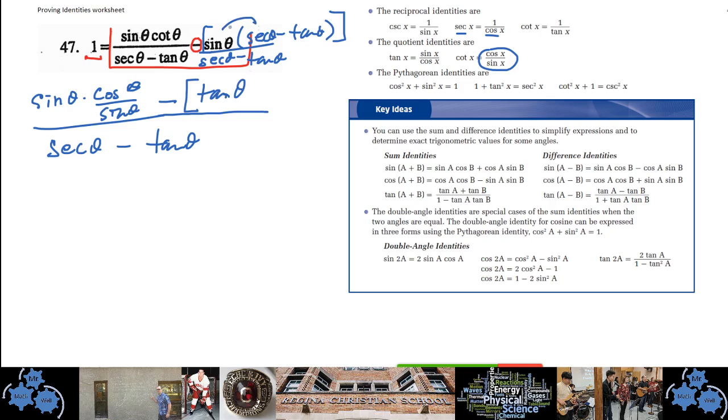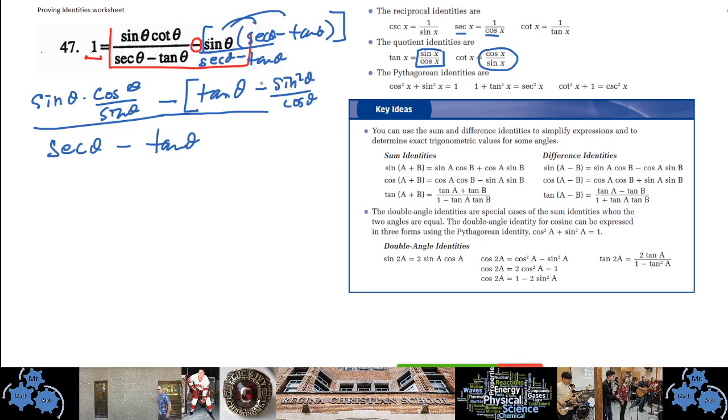You do this one. And then sine times tan, well, tan we say is sine over cos. Okay. So that's going to be a minus. Well, I've got this bracket here, so leave that minus there. Sine times tan really is sine squared over cos, because it's sine times sine over cos.